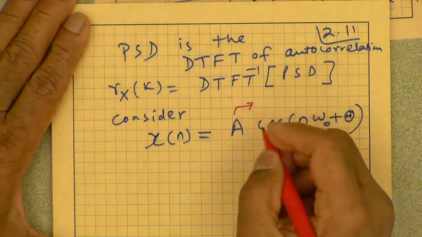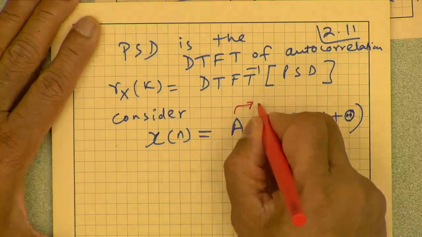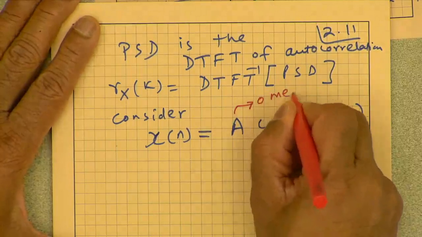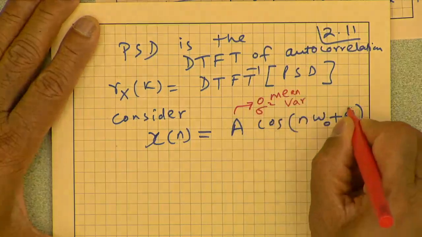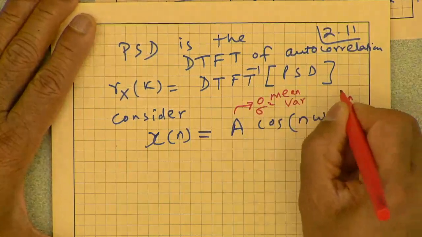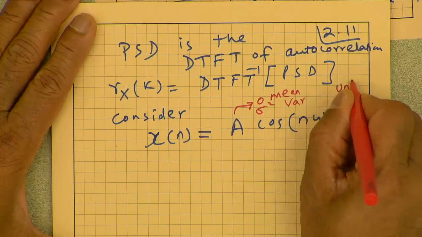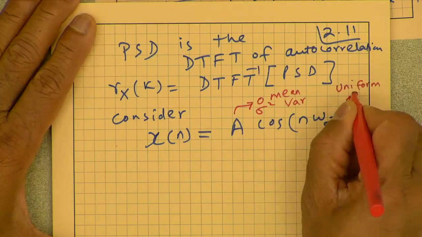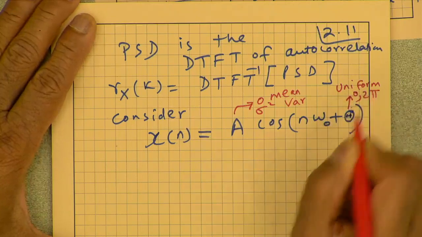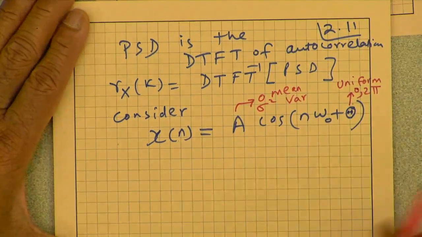So we can say that let's just assume this is 0 mean and sigma squared variance, and this theta is a uniform random variable between 0 to twice pi or minus pi to pi, it doesn't matter.